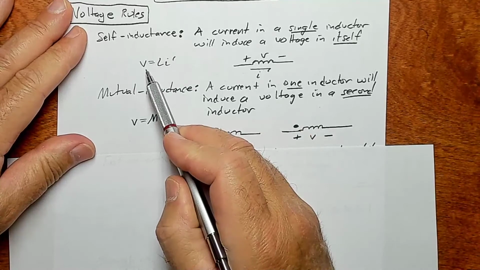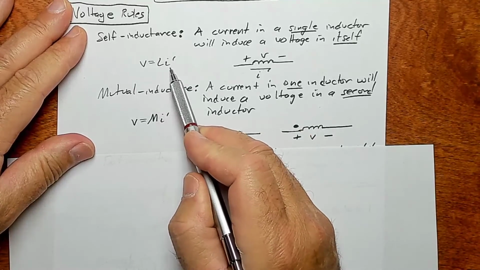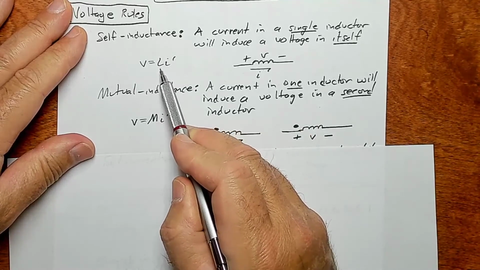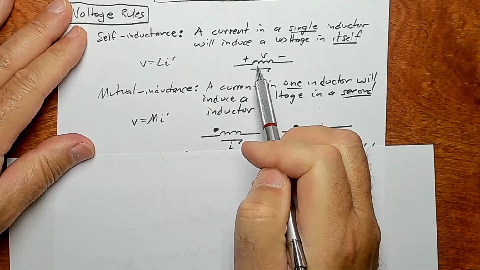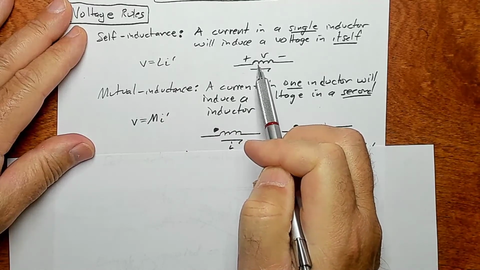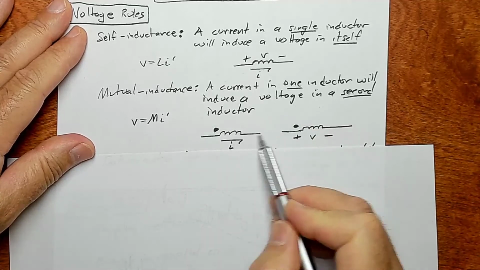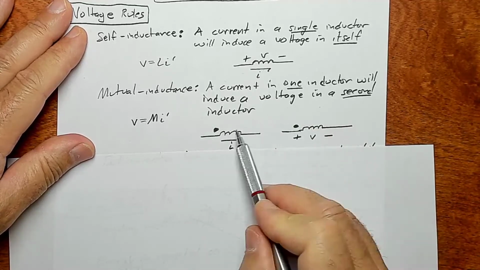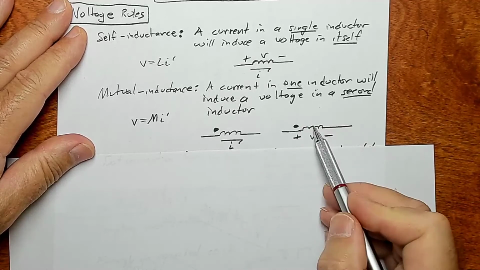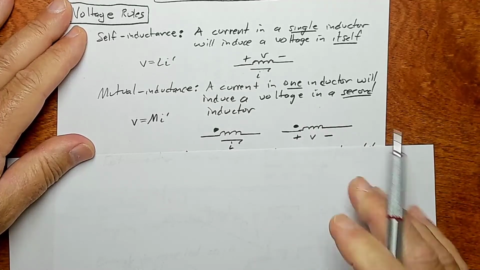Just as self-inductance is given by V equals L i prime, where L is the inductance of a single inductor, we have this equation, V equals M i prime, where M is the mutual inductance. It's the inductance from one device to another device.